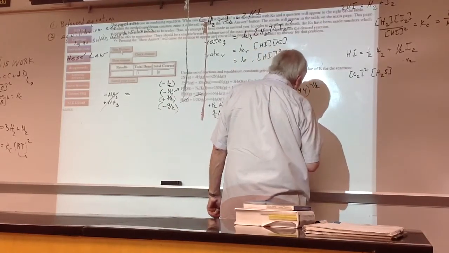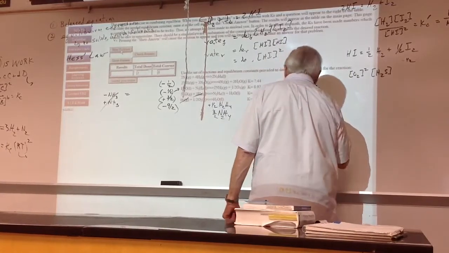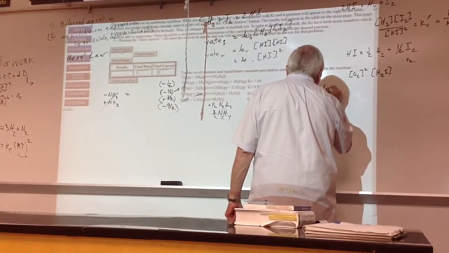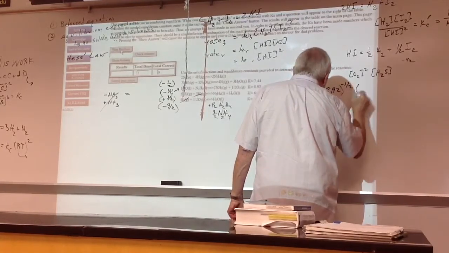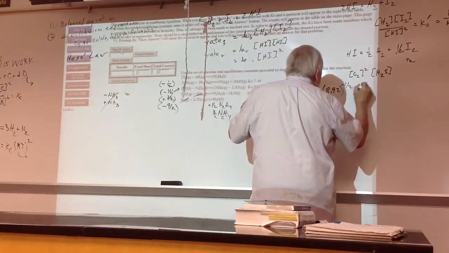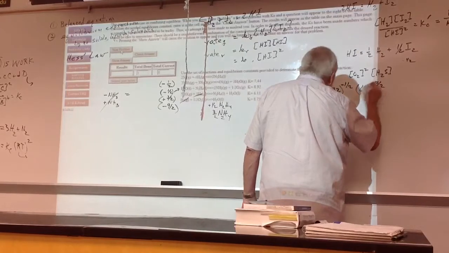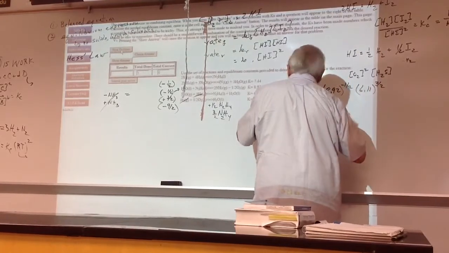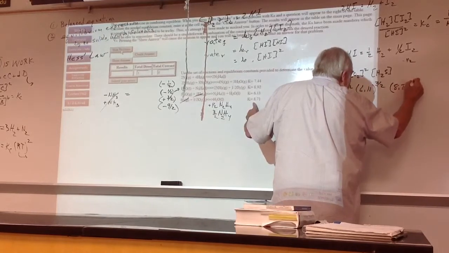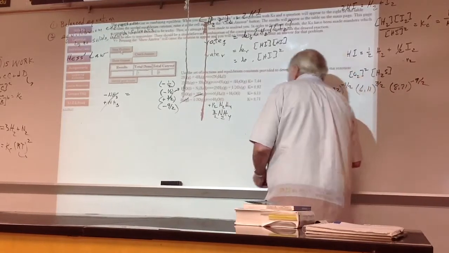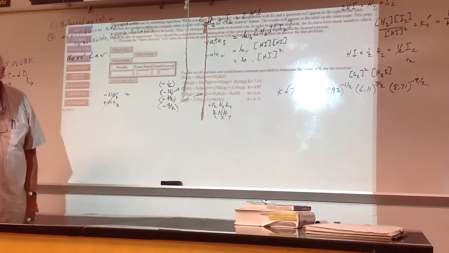Notice you can put it in the denominator and say plus 1/2, but you just leave it like that because you can have negative exponents, times 8.2 times 3/2 times, so you just multiply all those out, and that'll give you the K for your other one.